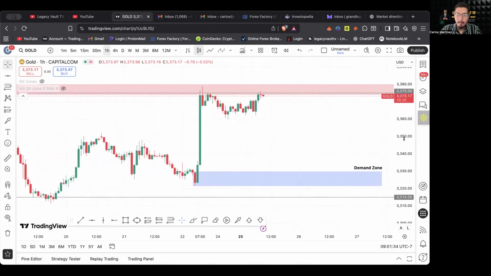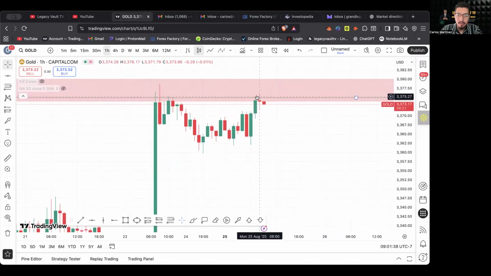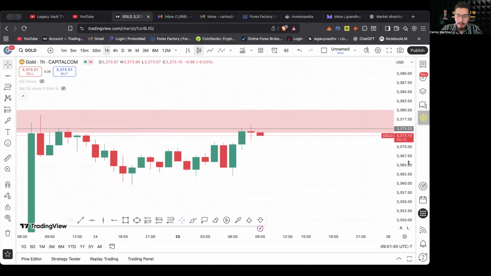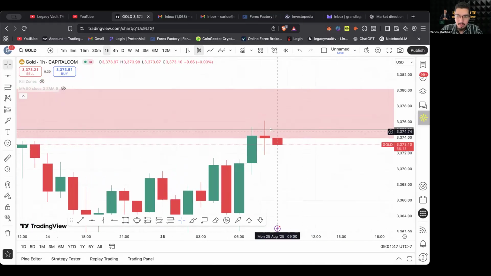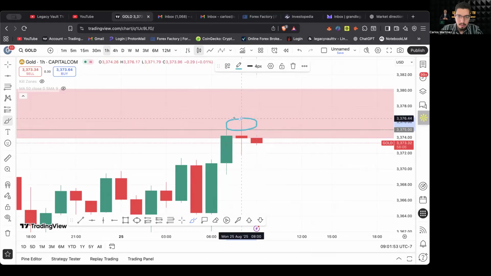As you can see here, price is reacting at this resistance level, 33.75. You see here how price touched here, gave me this wick, and dropped down. It was reacting around this price.